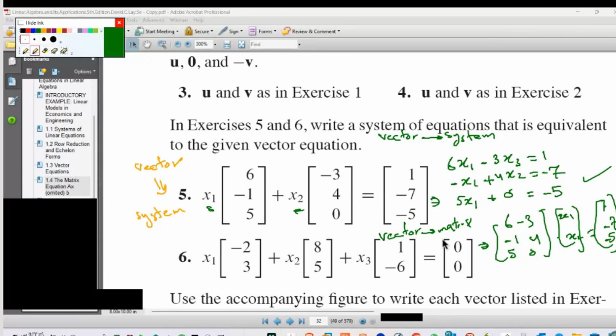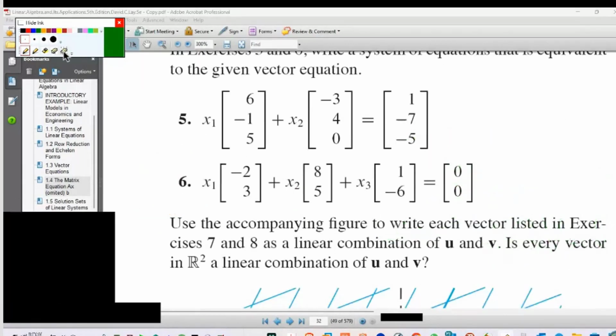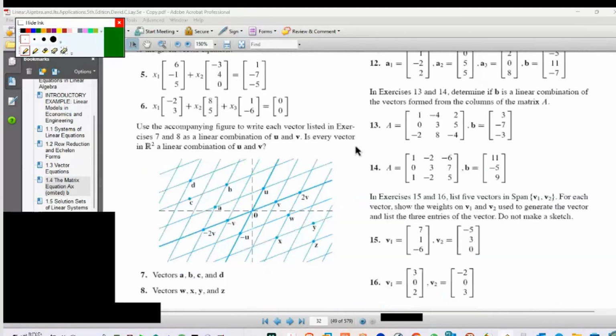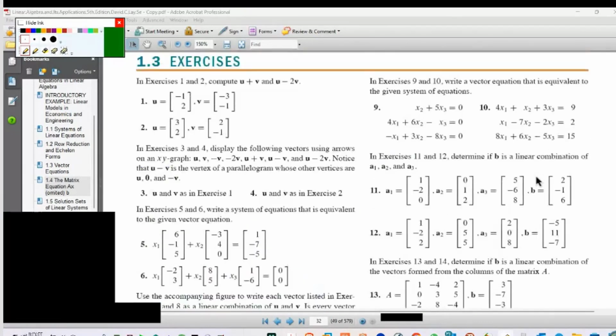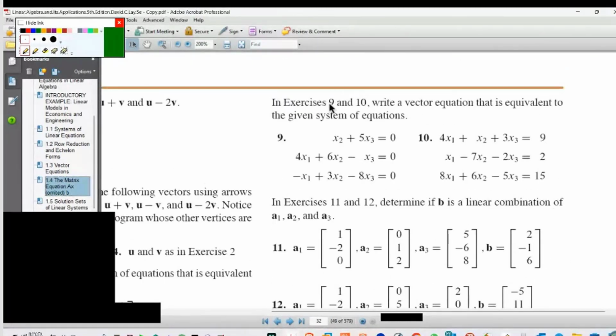Here I converted from one form to another. Okay, now another question. So 5, 6, okay, it's easy. Now let's go to the next question. In 9 and 10, write the vector equation that's equivalent. He gives me a system and asks me to write it as a vector. So I guess now it's easy.